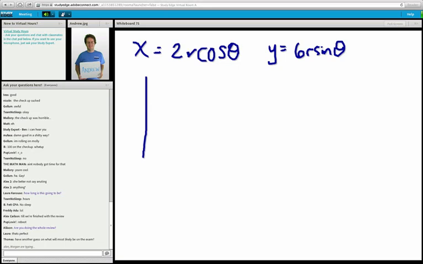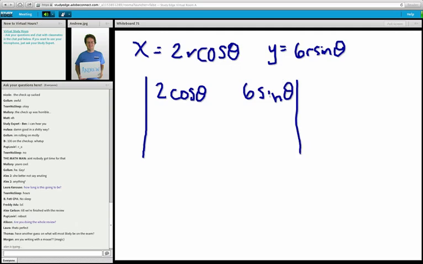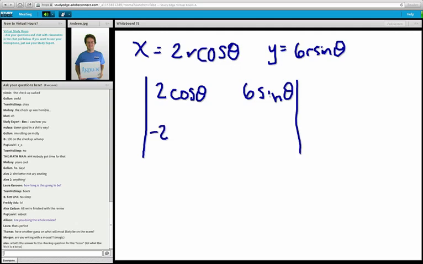The Jacobian is going to be, what's the partial derivative of x with respect to r? That's going to be 2 cosine theta. What's the partial derivative of y with respect to r? That's going to be 6 sine theta. Now we take the derivative with respect to theta. That's going to be negative 2r sine theta.